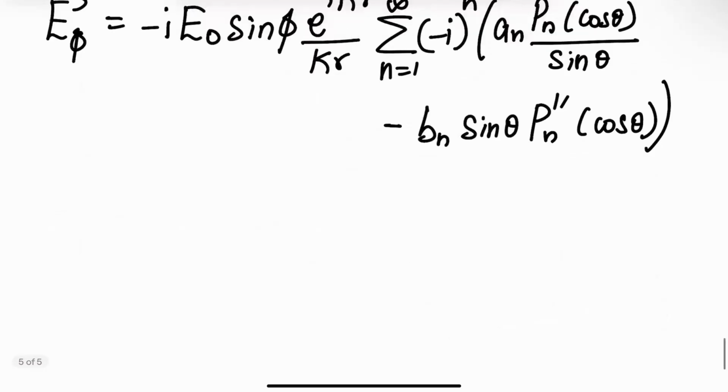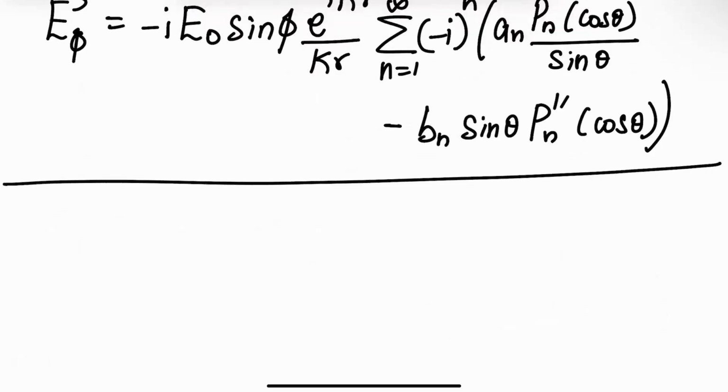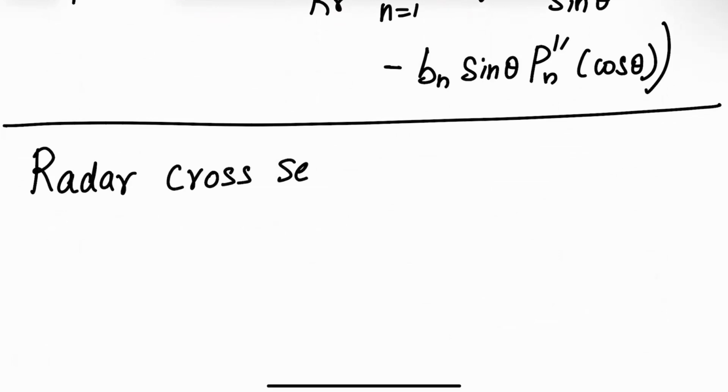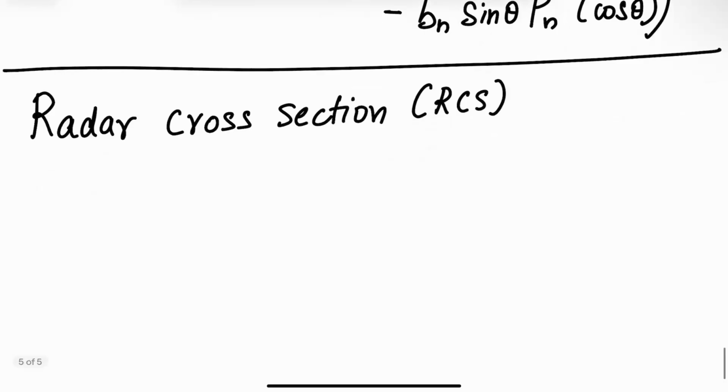Now we can look at a specific quantity to get some more intuition for what's going on. We'll define what is called the radar cross section, or the scattering cross section, sometimes called RCS.